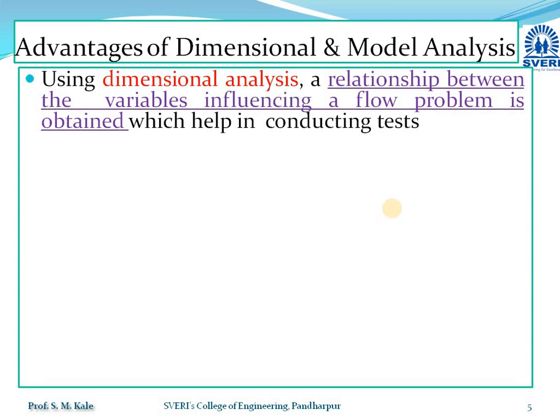By using dimensional analysis we are able to correlate, or find out, the various physical parameters which affect that model or that prototype. A relationship between the various variables influencing the flow pattern is obtained, which is helpful for conducting the various tests.